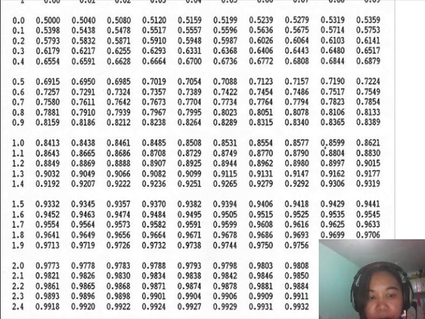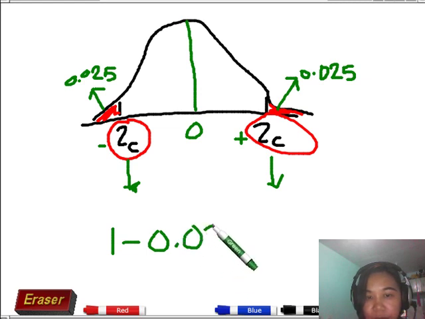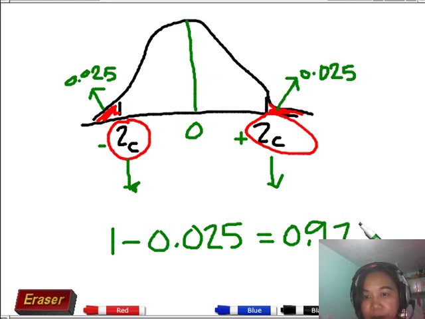So if it is 0.025, then if we subtract 0.025 from 1, we will get 0.975. So the area to the left of the right-hand Z value is 0.975, and by symmetry the same for the left one.